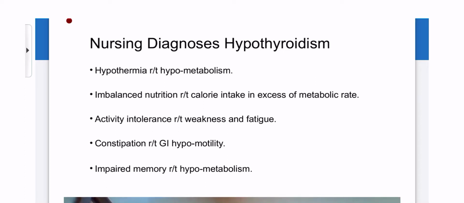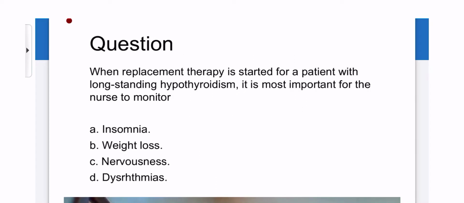If we are looking at nursing diagnoses, here again, all of these kinds of things might be going on. Pick the one that fits the best with the patient that you are working with, or two, or whichever. Here's a question for you. When replacement therapy started for a patient with long-standing hypothyroidism, it's most important for the nurse to monitor which?